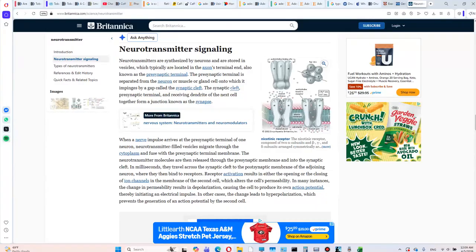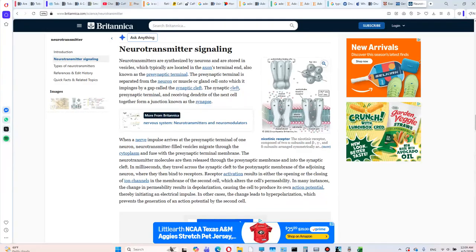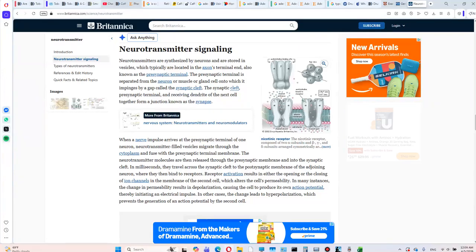The presynaptic terminal is separated from the neuron or muscle or gland cell onto which it impinges by a gap called the synaptic cleft. The synaptic cleft, presynaptic terminal, and receiving dendrite of the next cell together form a junction known as the synapse.